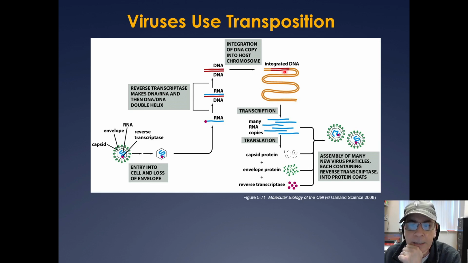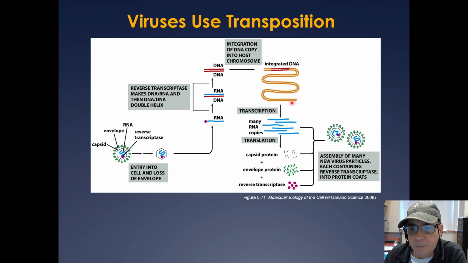So if you've ever had an HIV infection, you have the HIV sequence in your genome for your entire life. And so you will have to be on whatever drugs suppress the HIV from growing and replicating in your cells.